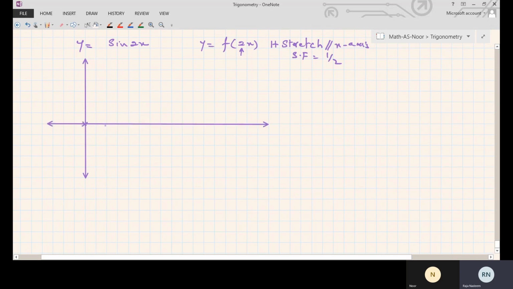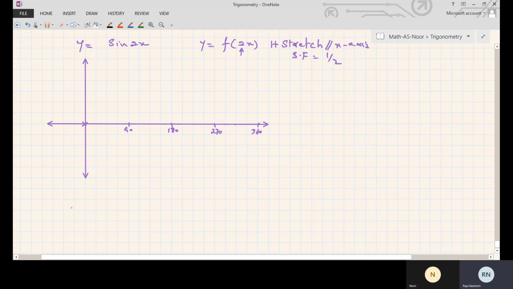We consider the same angles: 90, 180, 270, and 360.